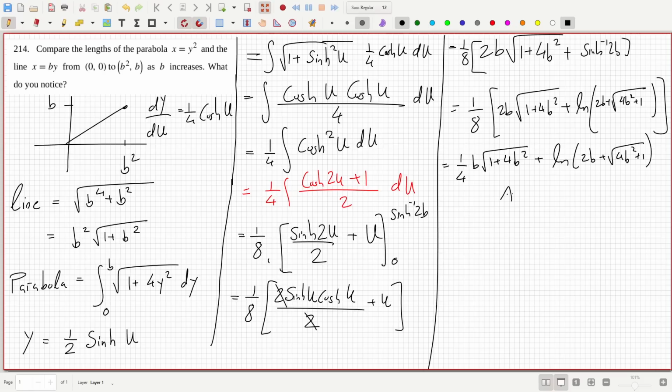Now, as b goes to infinity, it only really matters about the first piece because log grows extremely slowly and the first piece will dominate.